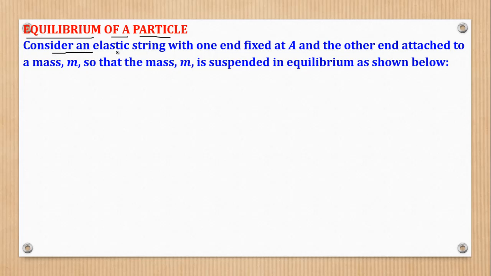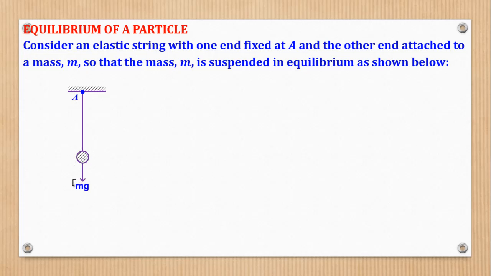Consider an elastic string with one end fixed at A and the other end attached to a mass M, so that the mass M is suspended in equilibrium, as shown below. We'll first illustrate the question: fixed at A and a mass attached to the other end.